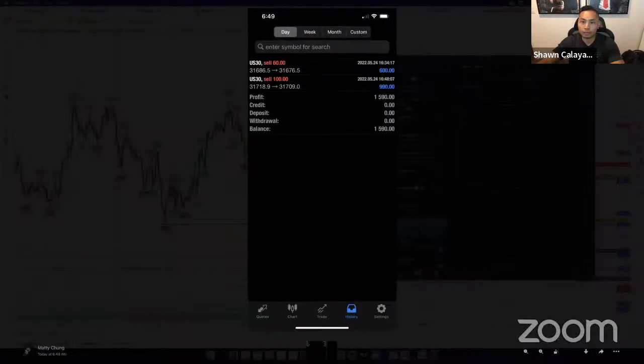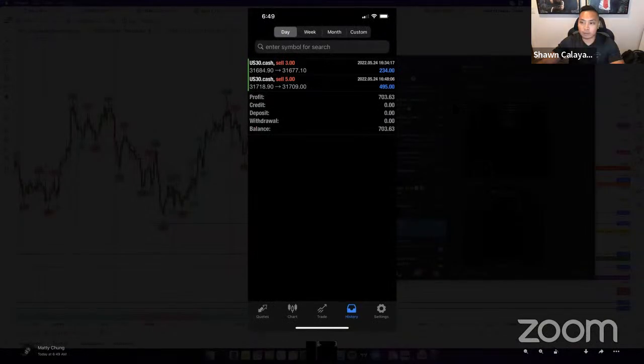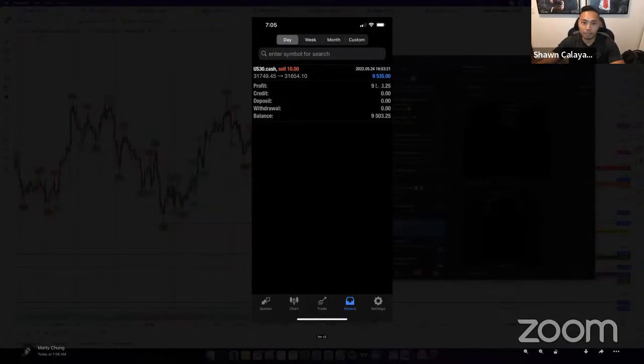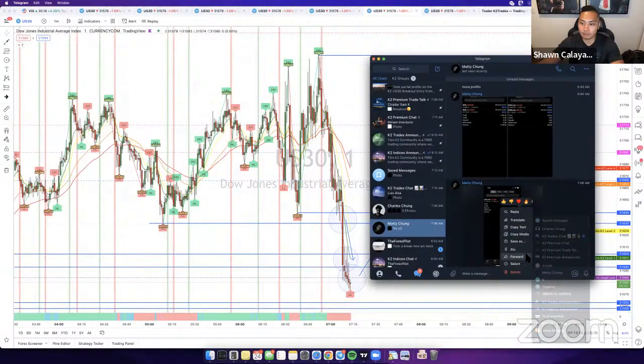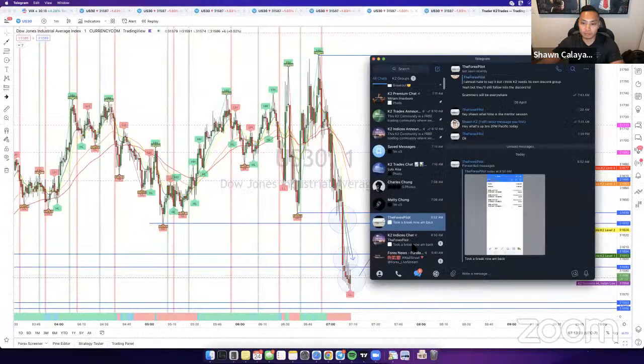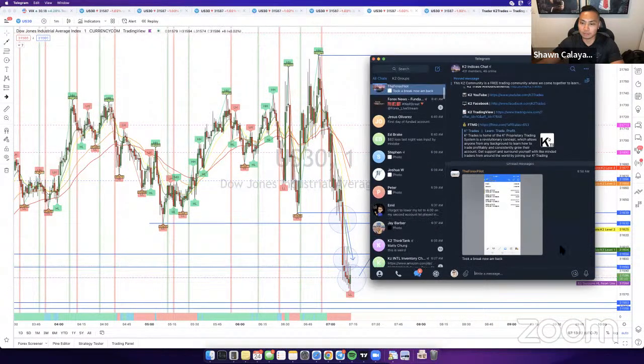Maddie over here locked in 1,590 off this account, 703 off this account, and then, damn, 9,535 off this account. Looks like Maddie took that liquidity push. You held this basically from 653 up until now for about 10, 20 minutes. Nice work, Maddie. Yeah, it's crazy. Maddie said he took the V3 at 653. Nice work, Maddie. Deswell over here, 2,484. Glad to see you back here, Deswell. Probably too busy flying planes.